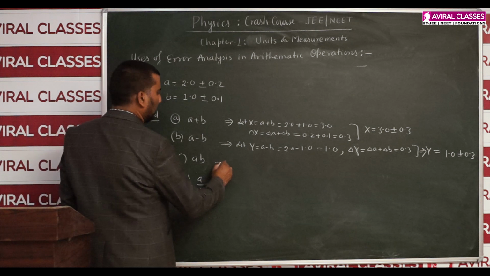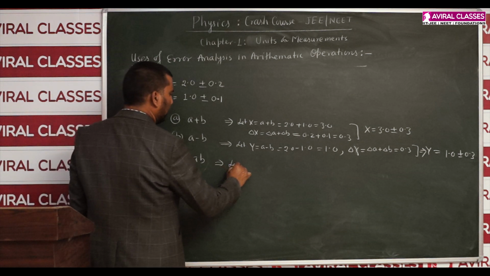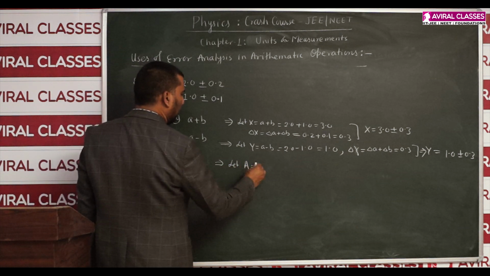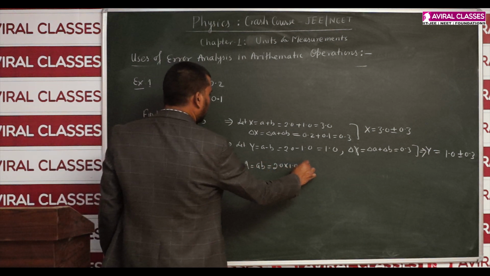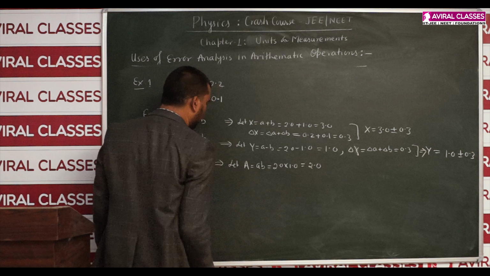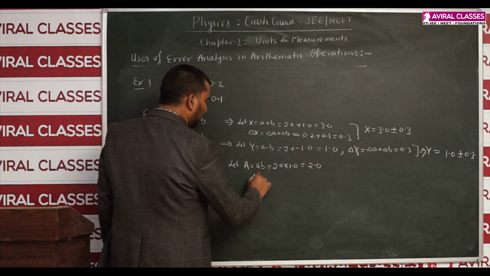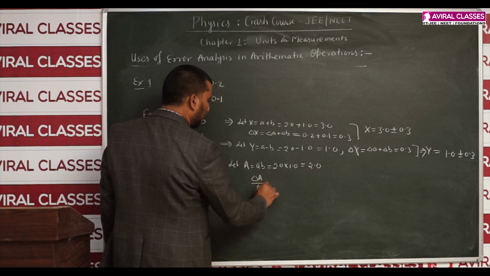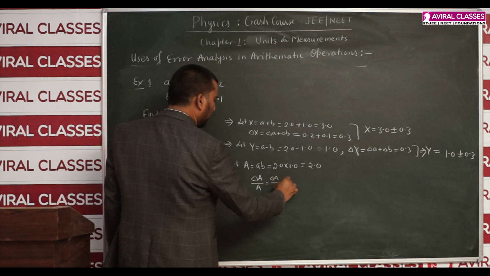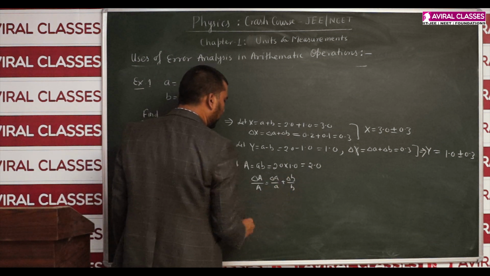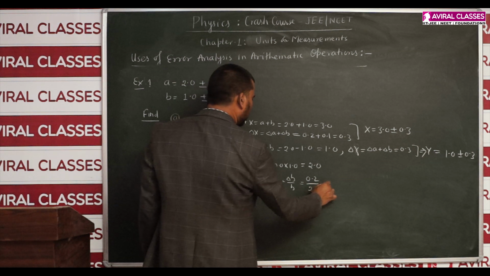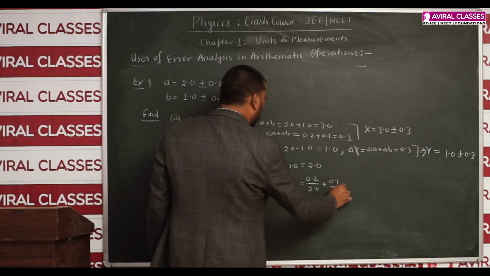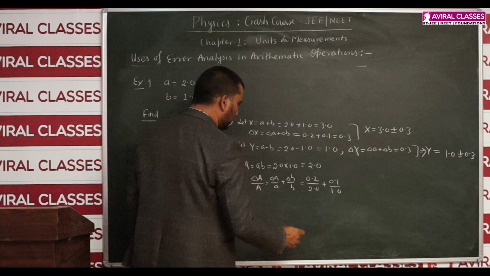Now consider this. Let A, capital A is AB. 2.0, 1.0. It is 2.0 only. Now delta A upon A is delta A upon A plus delta B upon B. It is 0.2 upon 2.0 plus 0.1 upon 1.0.